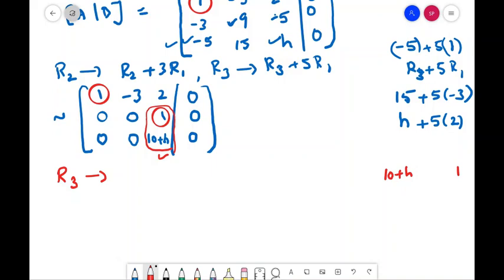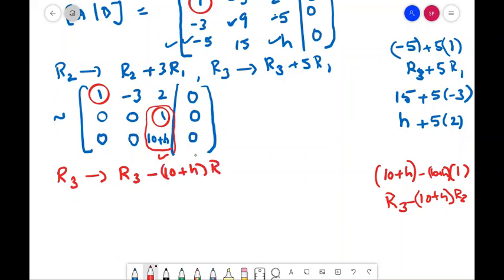So you just take this and multiply, then subtract it with 10 plus h into 1. That is R3 minus 10 plus h into R2. So what am I going to do? R3 minus 10 plus h into R2.